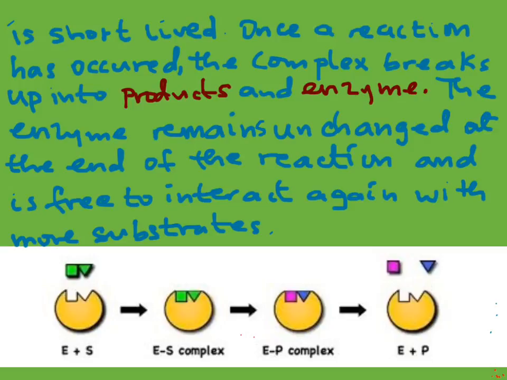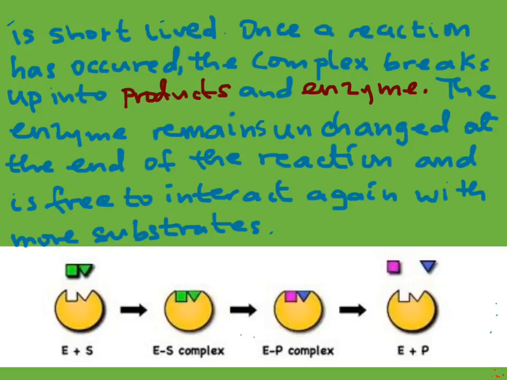That is why diagram 2 shows us that the substrate is already fitted in the enzyme's active site, and an enzyme substrate complex is formed. This enzyme substrate complex is short-lived. Diagram 3 shows that the enzyme product complex is formed immediately the enzyme substrate complex is formed.